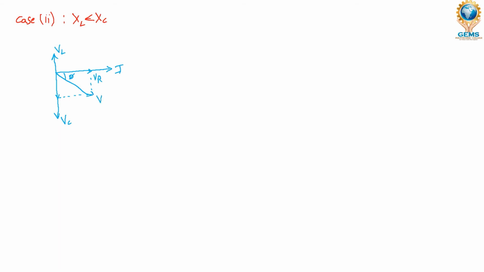If we see the impedance triangle, it will be like this. VR, VC minus VL. This is the V, phi.